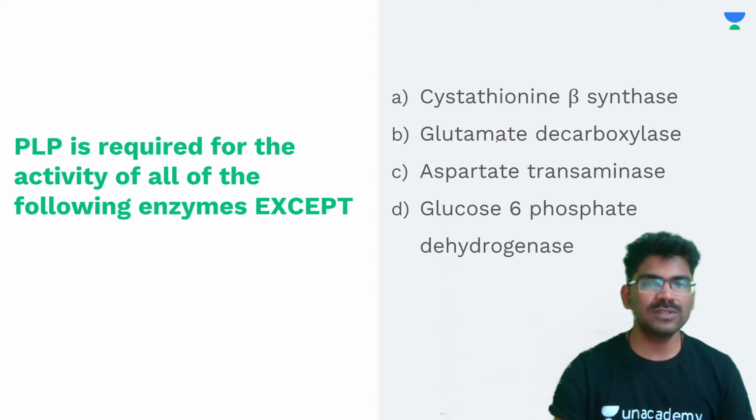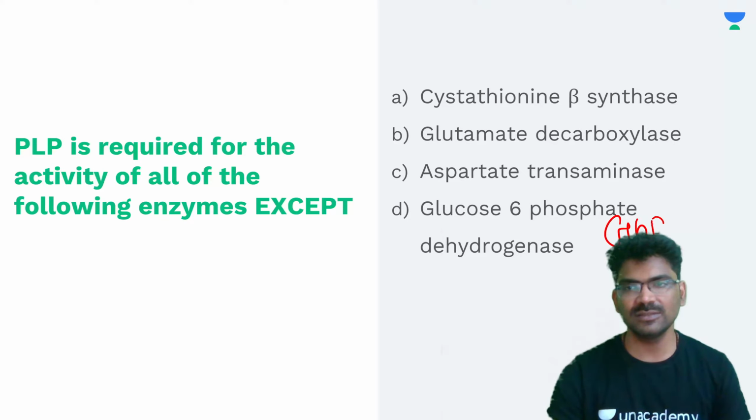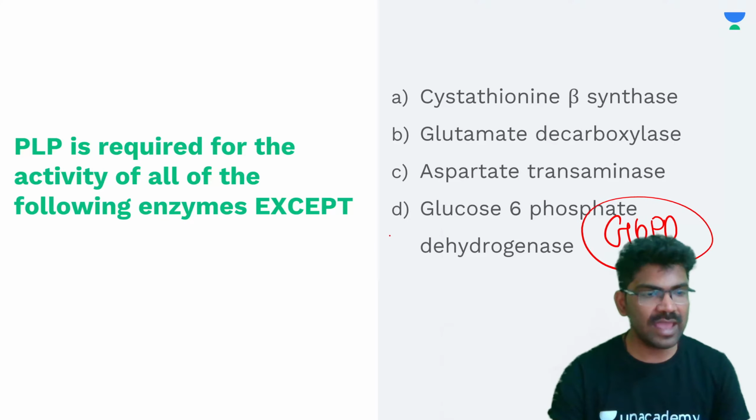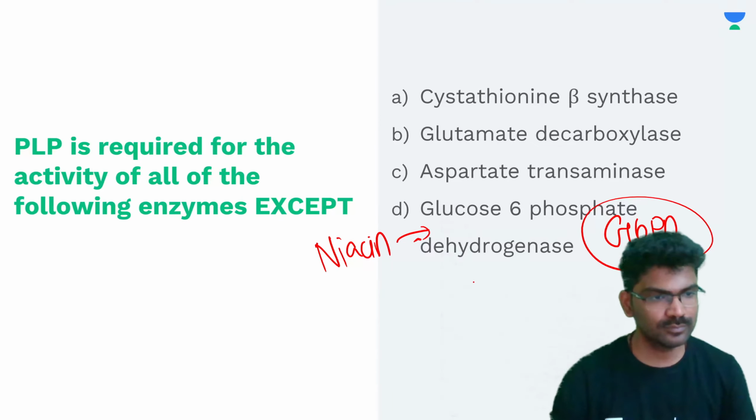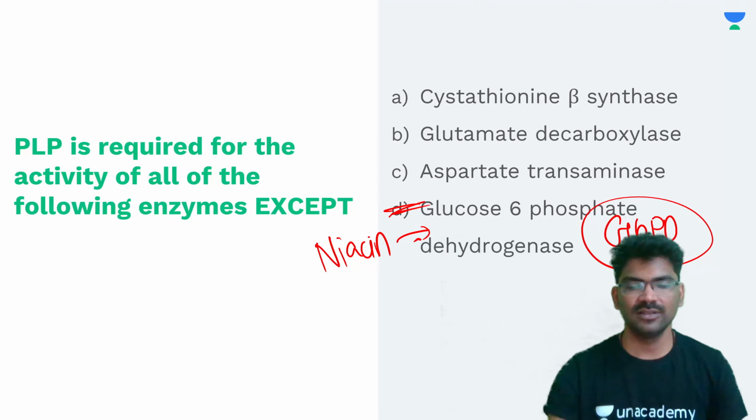Glucose 6-phosphate dehydrogenase is what? It is G6PD only. So you are all correct. All of you answered correctly. G6PD requires niacin. Good, good. Nice.